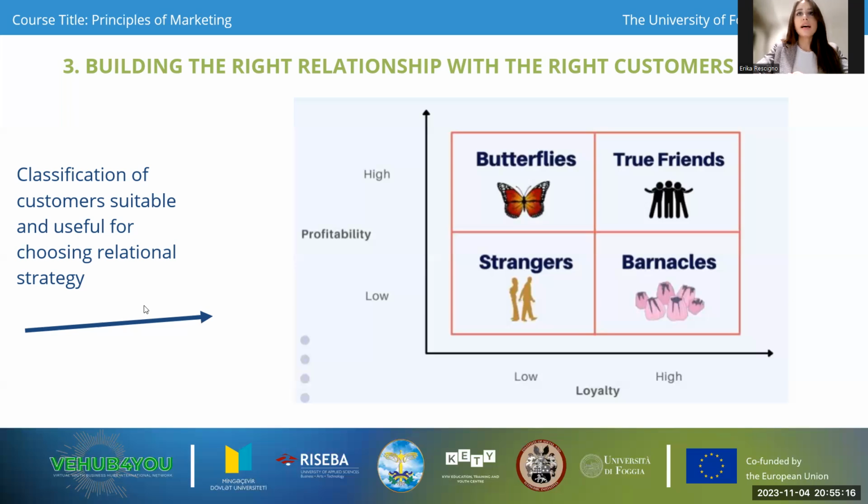Then we have butterflies. Butterflies have high potential profitability and low loyalty. They are low loyal customers that have high potential profitability, but their loyalty is not as strong as the first group, and so their needs are also different from those of the first group, so from the true friends.